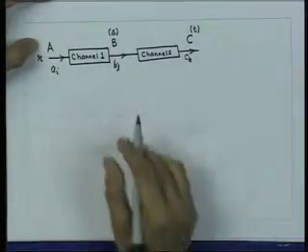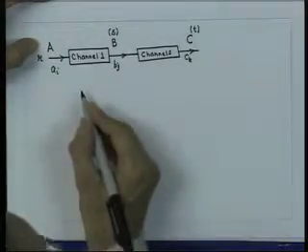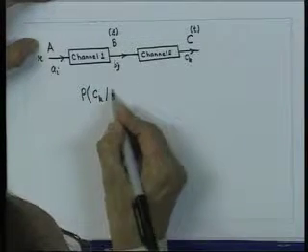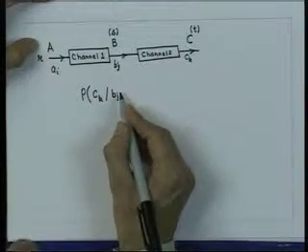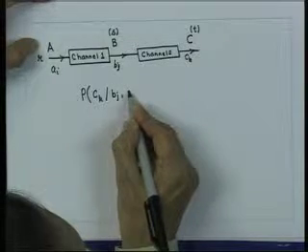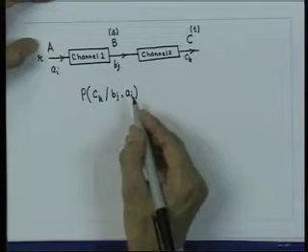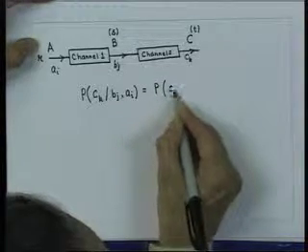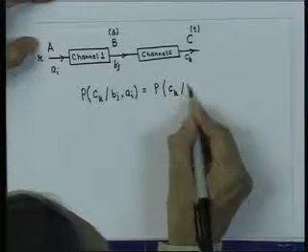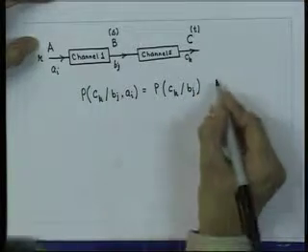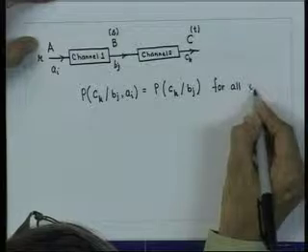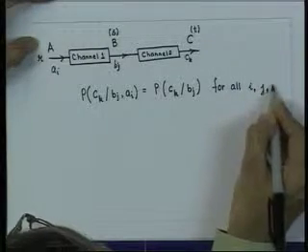So, this property of cascaded channels may be written as probability of C_k given B_j and A_i is equal to probability of C_k given B_j for all i, j, k.